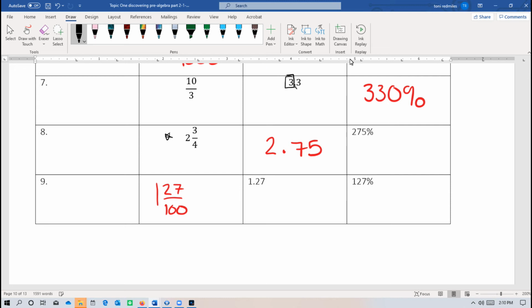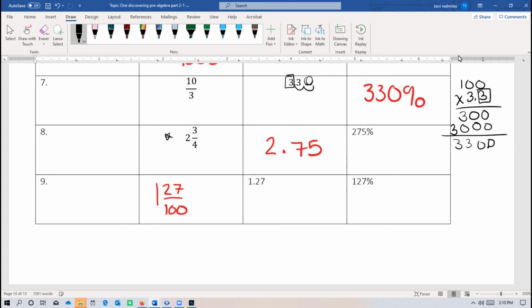So I'm going to move that decimal 2 places, and I'm going to fill in with zeros, and it's going to be 330. Or I can just multiply by 100. 3 times 0 is 0, 3 times 0 is 0, 3 times 1 is 3. Put my placeholder in. 1 decimal place, and I have 330%.